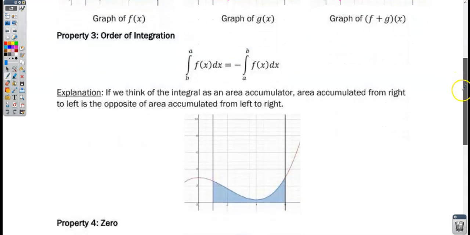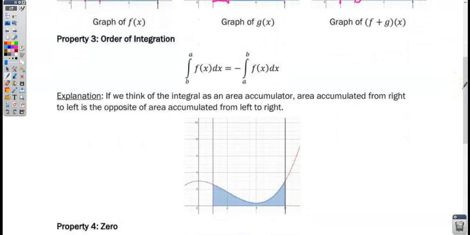Property 3, order of integration. The integral from b to a of f of x dx is equal to the opposite of the integral from a to b of f of x dx. Now typically when we think about area accumulation, we're thinking about, if this is a and this is b, the integral from a to b of f of x dx accumulates the area in this direction.